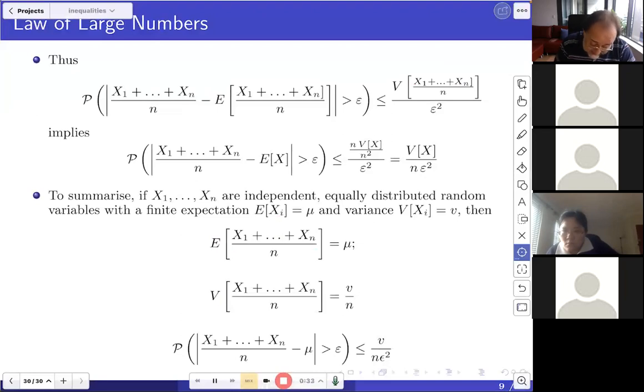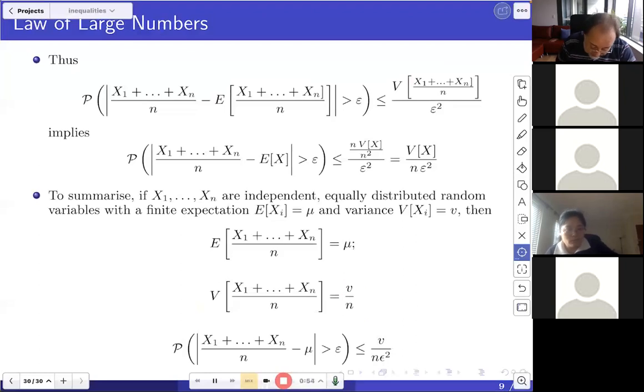The variance will be the variance divided by n, because here you will have n squared going outside, and then distributing, if they are independent, the variance inside will produce n times v divided by n squared, and you get this.